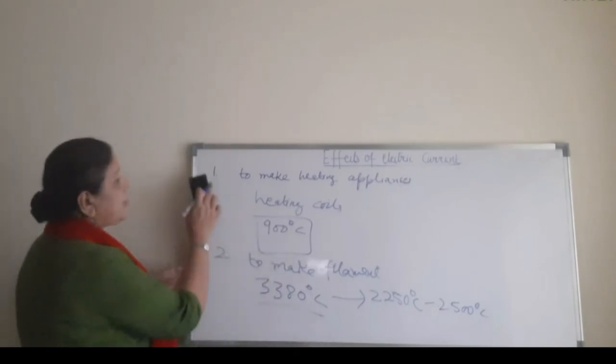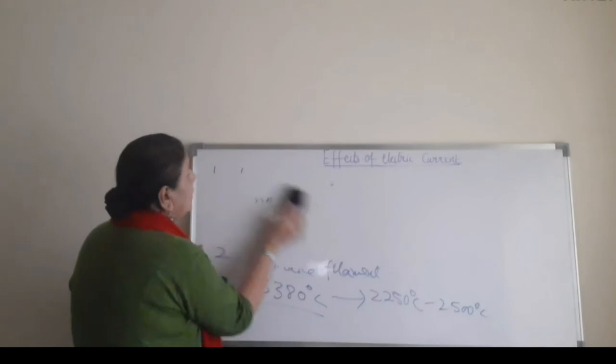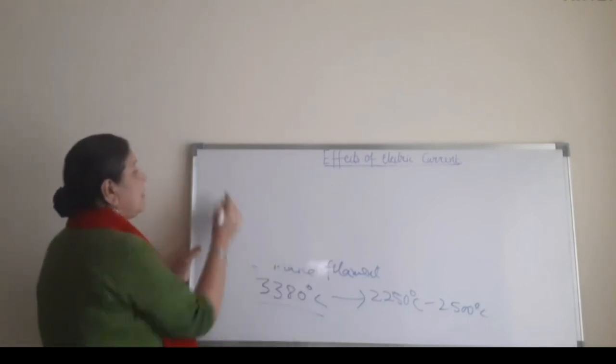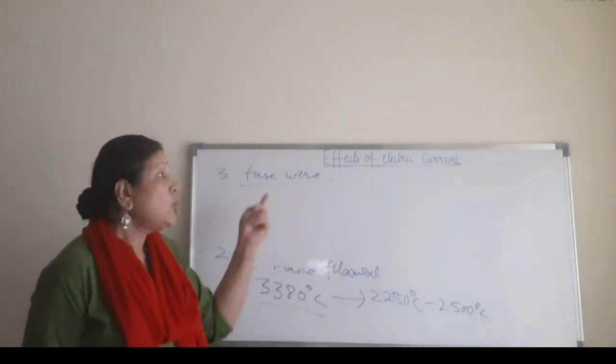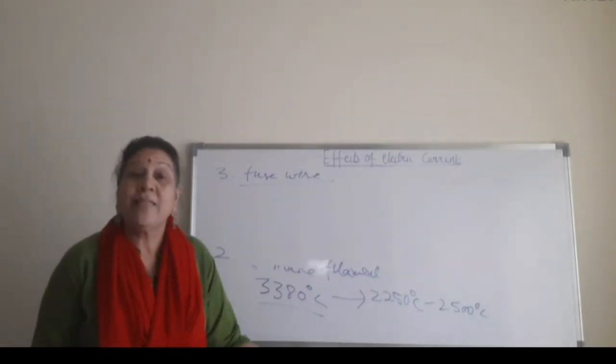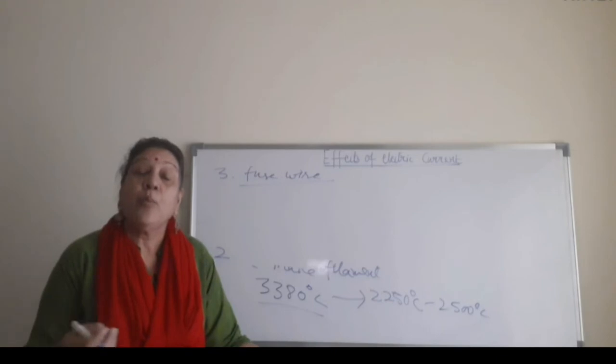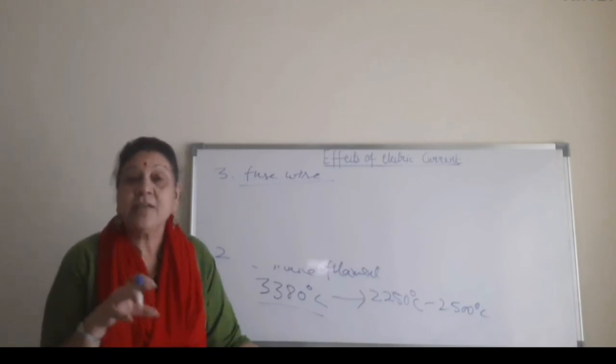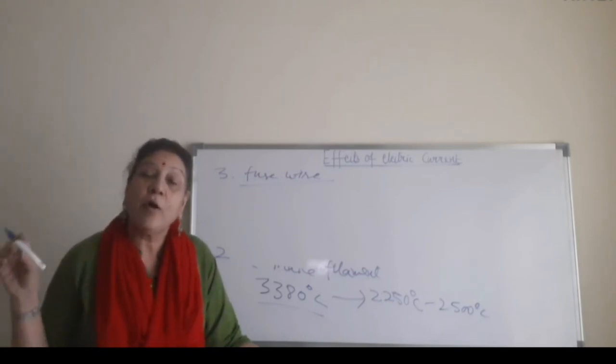The third application is the fuse wire. What happens in fuse wires? Fuse wire has a very low melting point, and it is connected in series with the main supply or the main board.